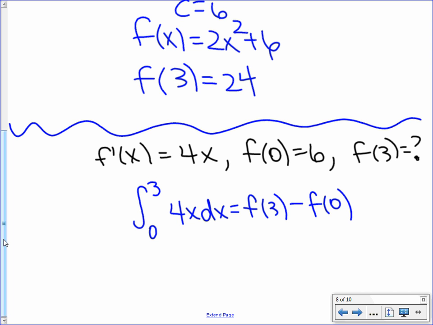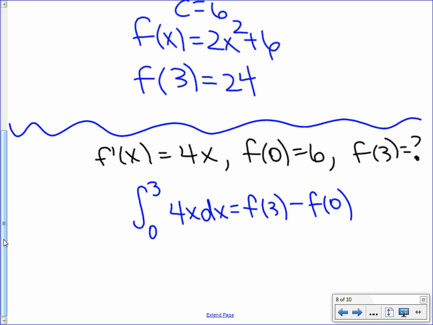To go from f prime to our function, we have to take the antiderivative. If we are looking for specific values, we don't have to worry about what that plus c is. We can just use the fundamental theorem of calculus. Does this setup make sense to everybody? Brady? How does that find the value of f of 3?